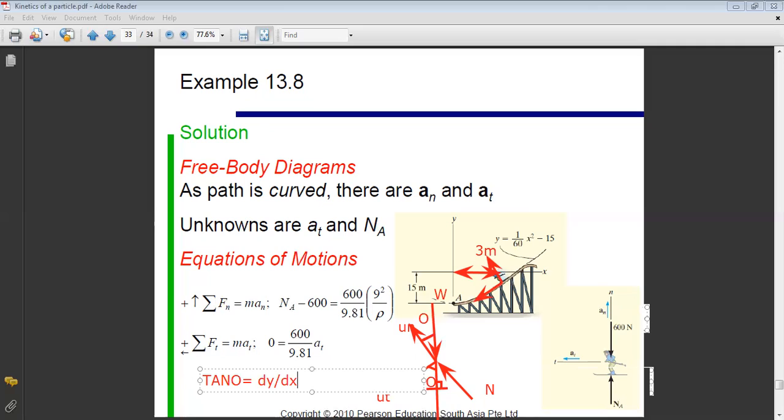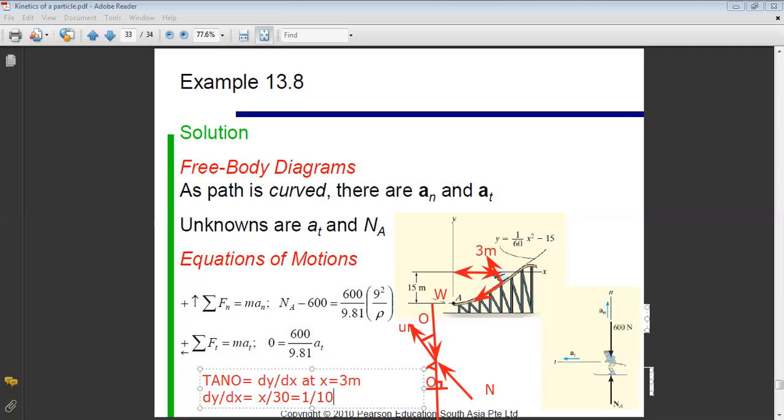Here, which point are you interested in? dy over dx at x equal to 3 meters, because I gave you the example that x is 3 meters. So you replace x by 3. We said that dy by dx is equal to x over 30, so by replacing x by 3, you get 1 over 10. Then from your calculator, you can find theta.